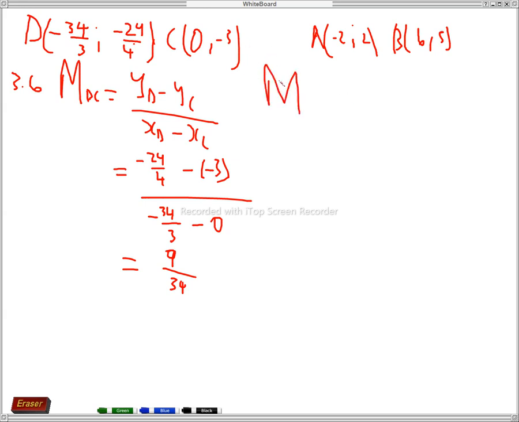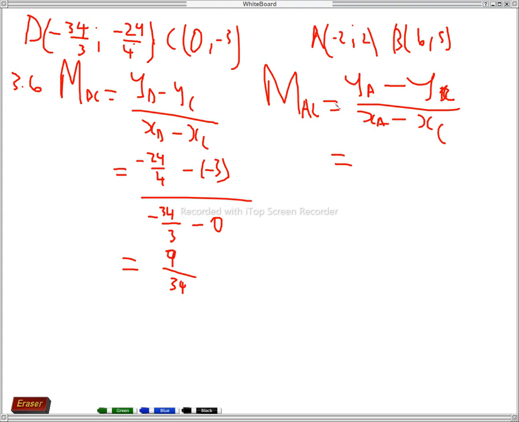So the M of AC is going to be y of A minus y of C over x of A minus x of C. Moving forward, we are just going to substitute the values like we did before. It's the fourth time we calculate a gradient, so you must be familiar with it now.